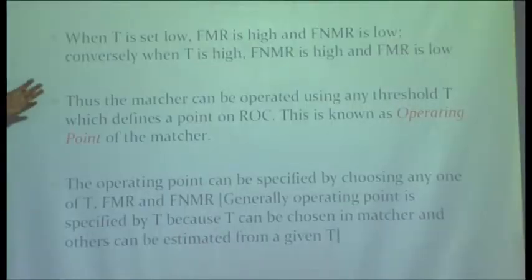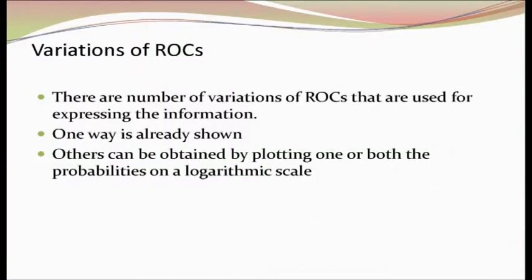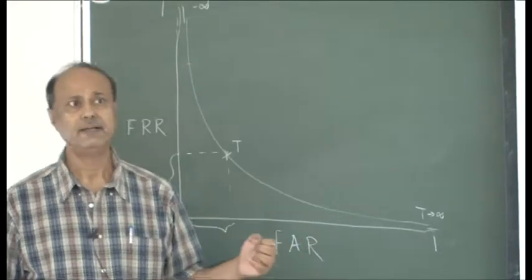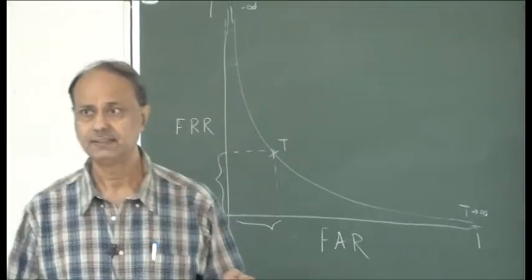I think these are the things I already covered. Now, one ROC curve I have shown, and this is not the only way you can represent it; you can have several ways of drawing this graph. FAR is false acceptance.